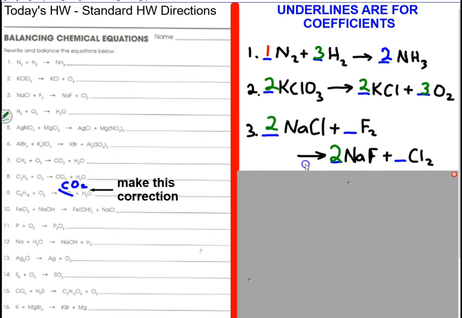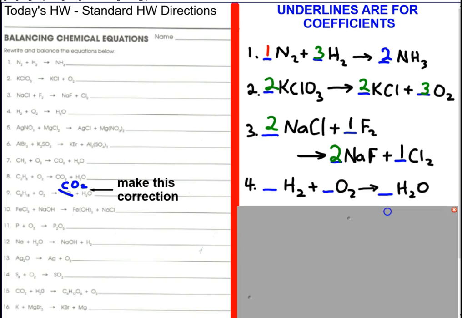So now our fluorines are good, the chlorines are good. We got 2 chlorines here, 2 here because of the coefficient, 2 sodiums here because of the coefficient, 2 sodiums here because of the coefficient, 2 fluorines, and when we put the coefficient here on sodium chloride, we got 2 fluorines. Now we can put the 1s in, because we know that everything is balanced.